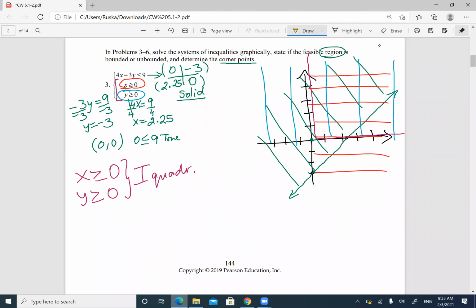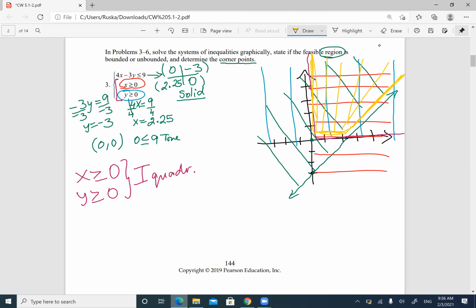So my area is going to be here, here, and here above the line, right? So this is where all three different areas, sections, regions intersect. So that's what my area is. So this is the solution of my system of inequalities, the yellow part.